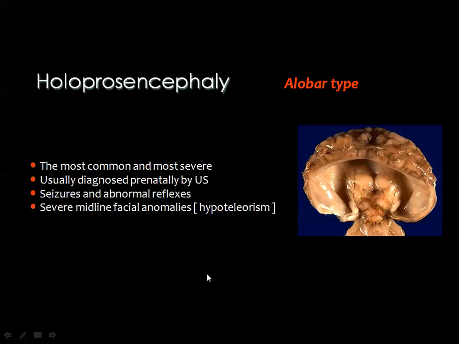It is usually diagnosed in utero by ultrasound and of course by fetal MRI. There are many clinical presentations, but commonly you see seizures, abnormal reflexes, and severe midline facial anomalies with hypothyroidism.